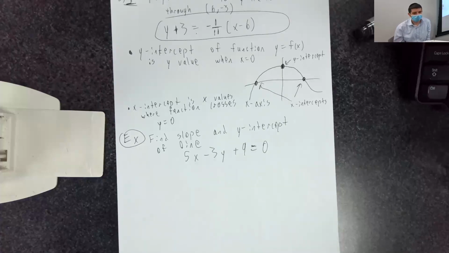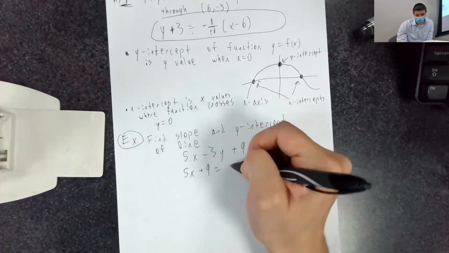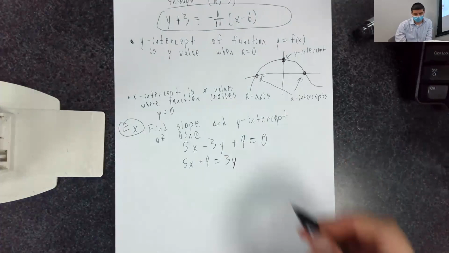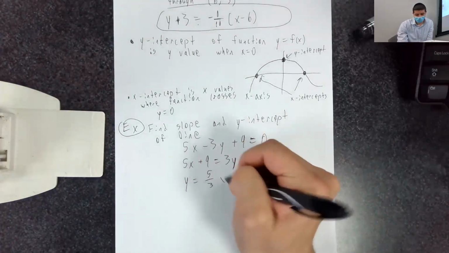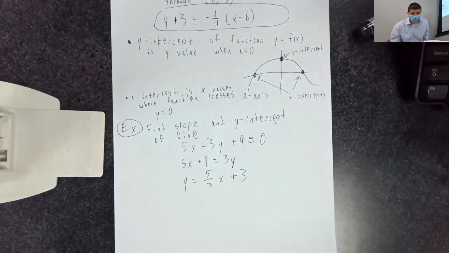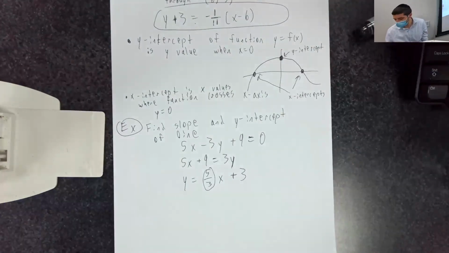Move it to the right side, good. So 5x, and then I divide 3y, and then you divide both sides by 3. So y is equal to 5/3 x plus 3. And the slope is 5 divided by 3. Right, and that's the slope. Good.